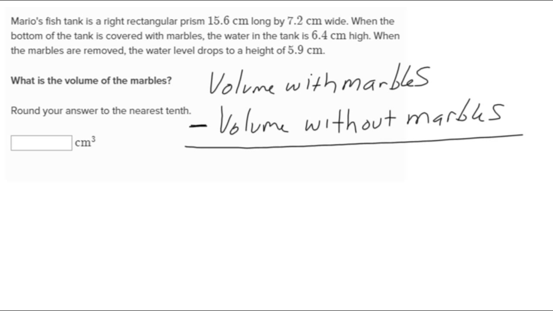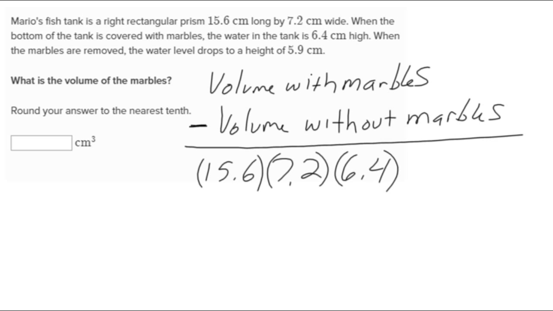So we're going to have 15.6 times 7.2 and 6.4, and we're going to subtract the other one, which is 15.6, 7.2, and then the 5.9.